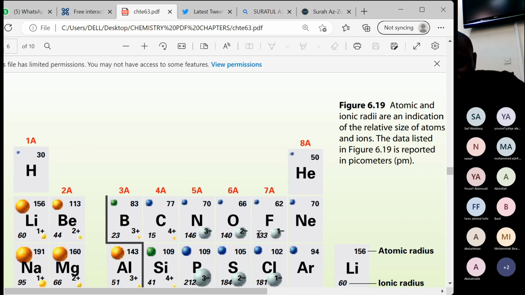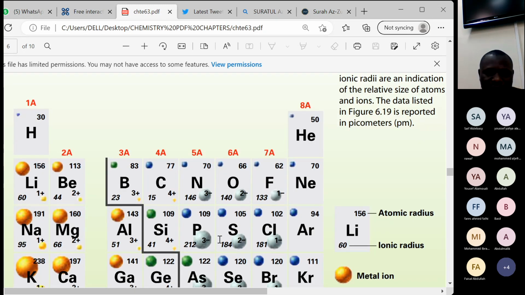So this table shows that atomic and ionic radii are an indication of the relative size of atoms and ions. Now, when you compare the atomic radius and the ionic radius of an element, if the element forms cations, it means this element has lost electrons.